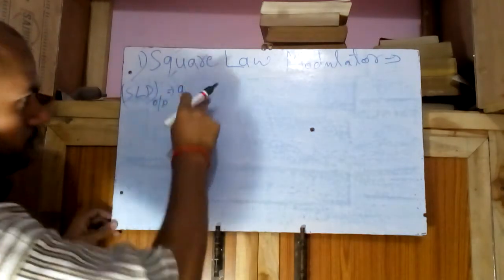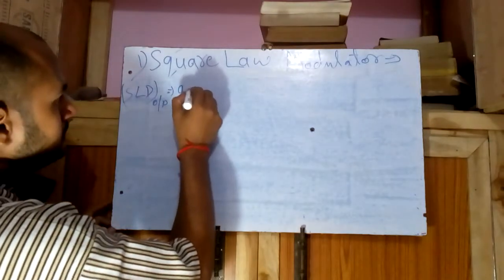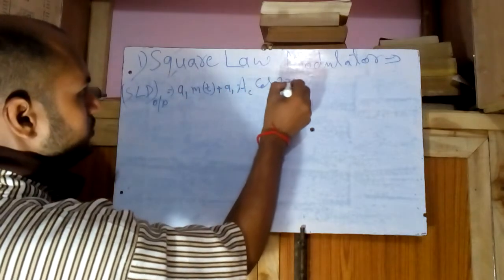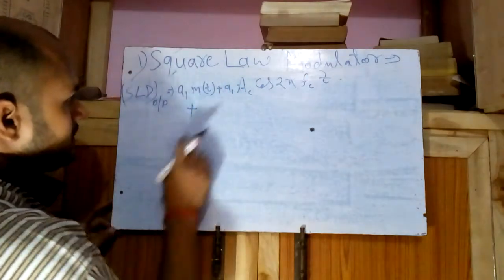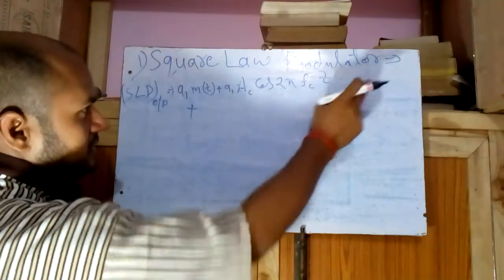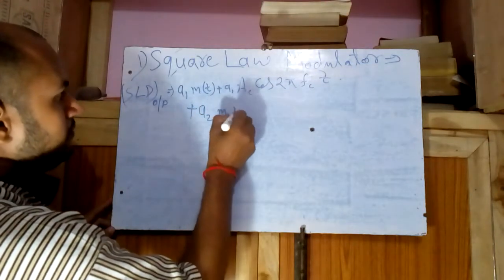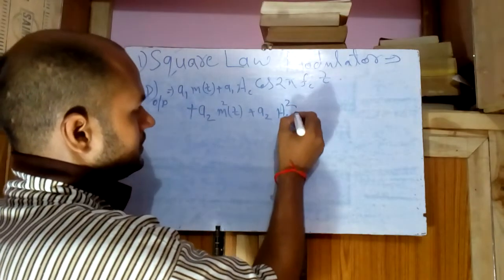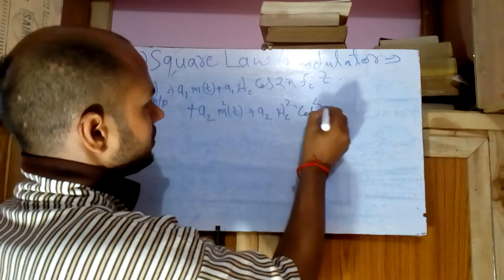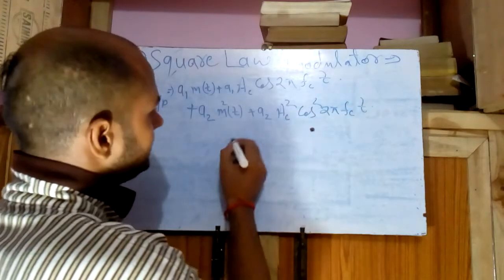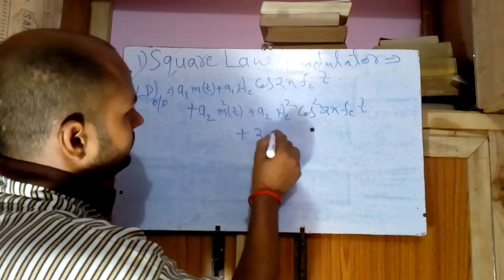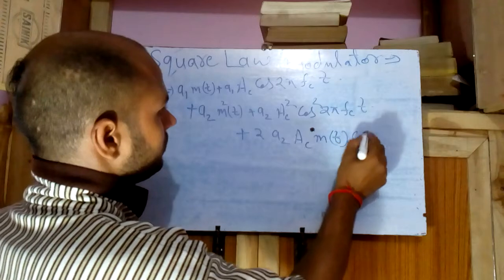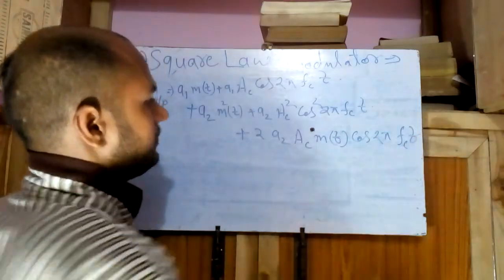A1 into MT plus CT, A1 MT plus A1 AC cos 2 pi FCT plus A2 into MT plus CT square, A2 into MT square plus A2 into AC square cos square 2 pi FCT plus 2A2 AC MT cos 2 pi FCT.